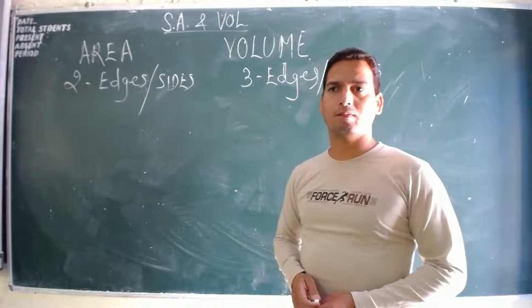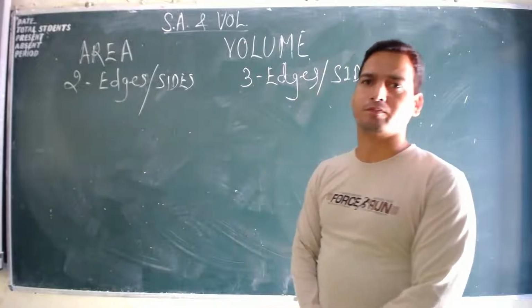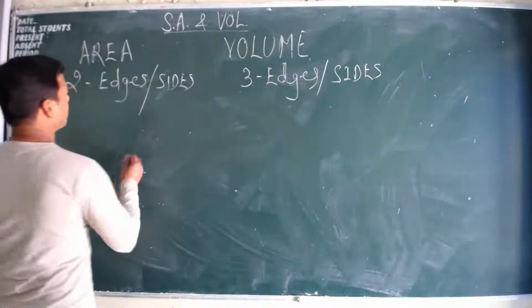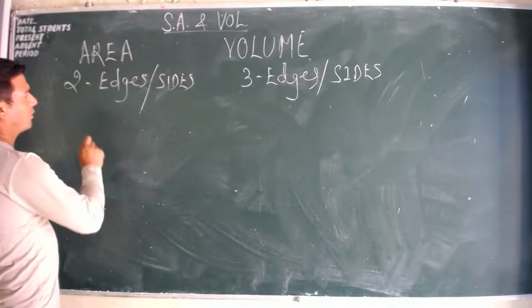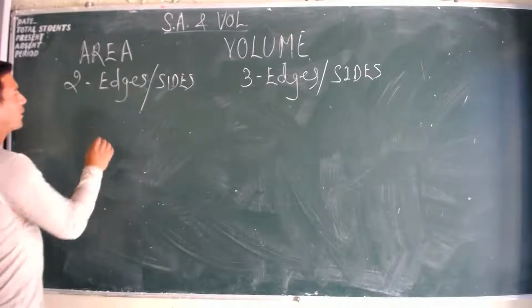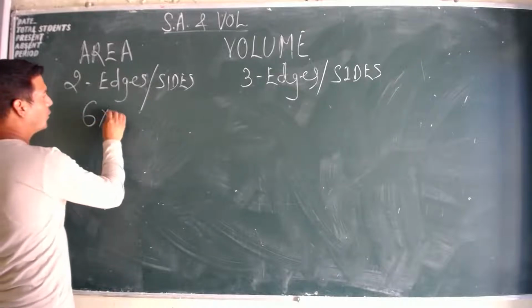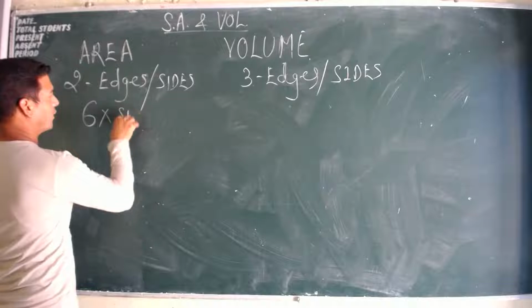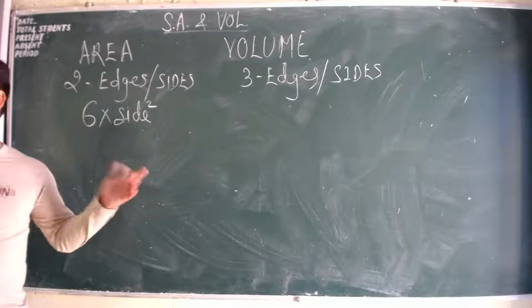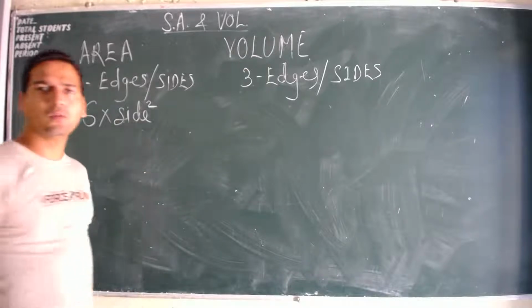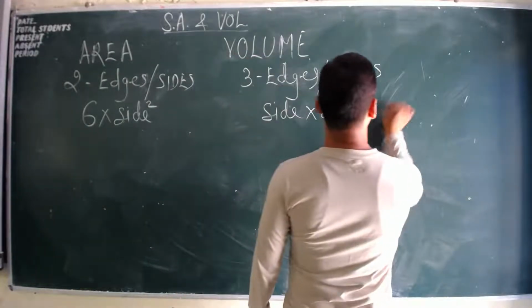Take the example of a 3D figure, a cube. The total surface area of a cube is 6 into side square, and the volume of a cube is side into side into side.